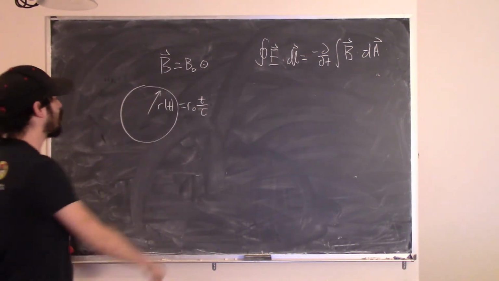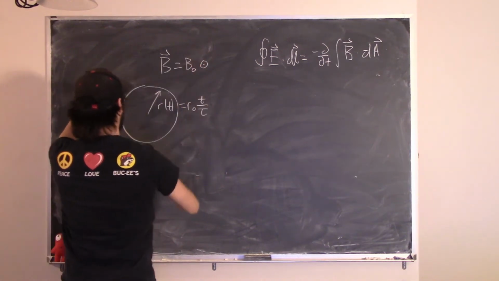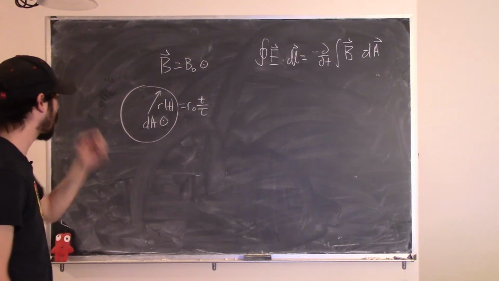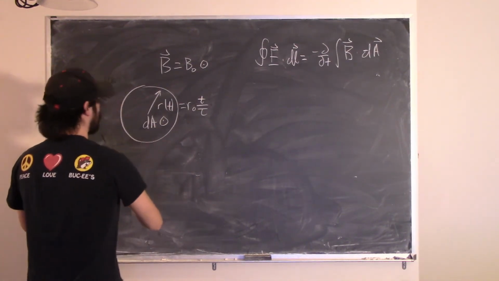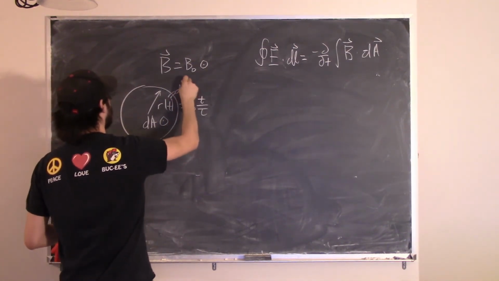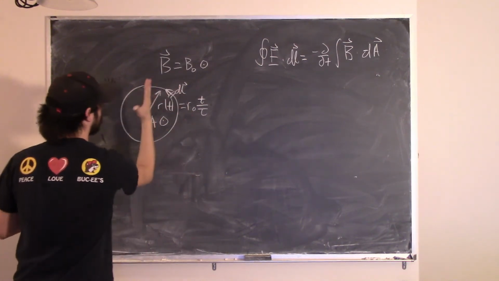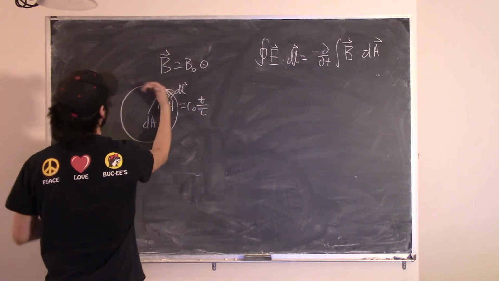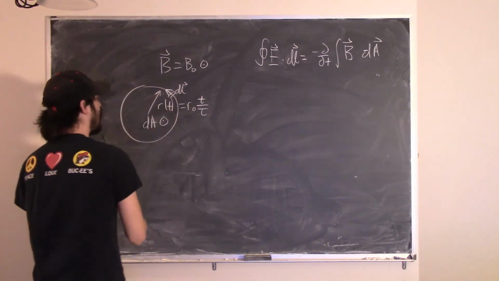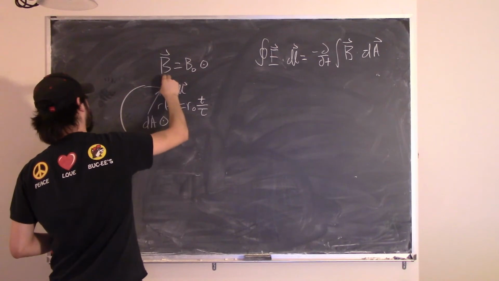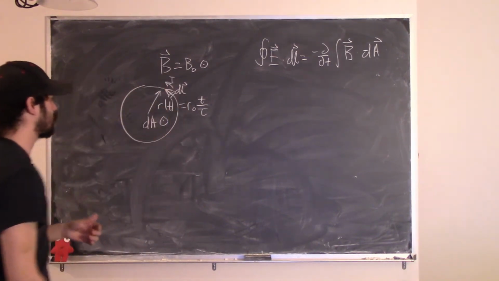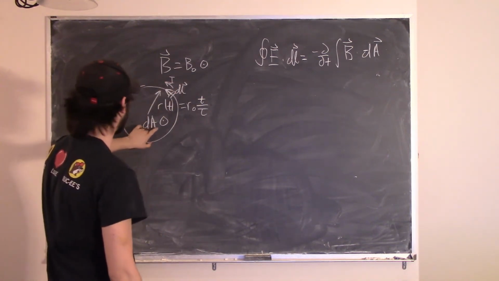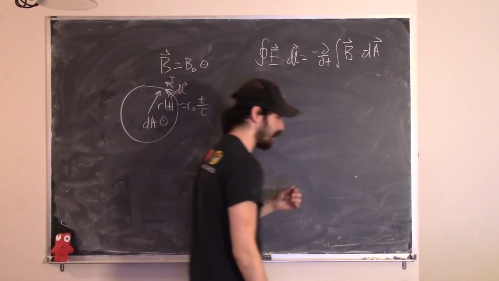Because my magnetic field is pointing out, I'm going to say that my dA is pointing out, which means now that my dl is going to go around this way. Again, we can take the thumb of our right hand, point it in the direction of dA, and it curls around like this. I also like to say that my I goes in the same direction as my dl. So that's my direction of the current, the direction of dA, and the direction of dl.